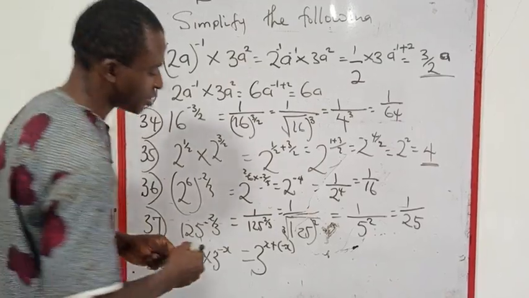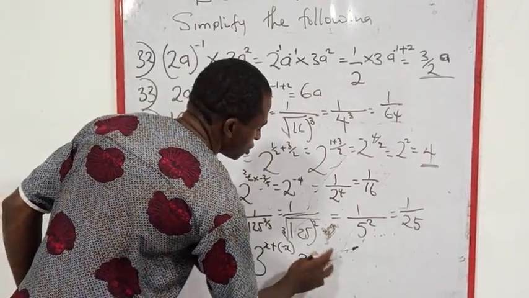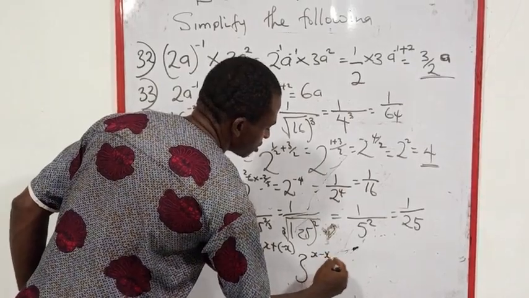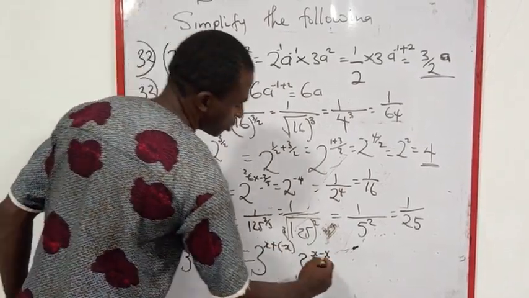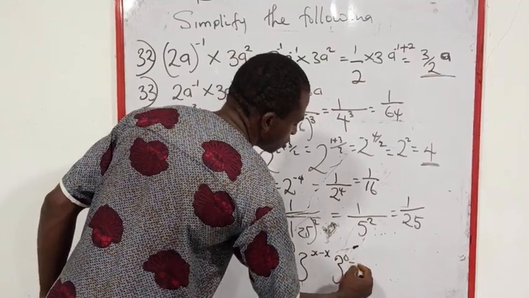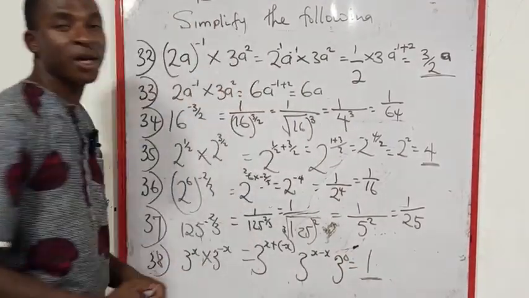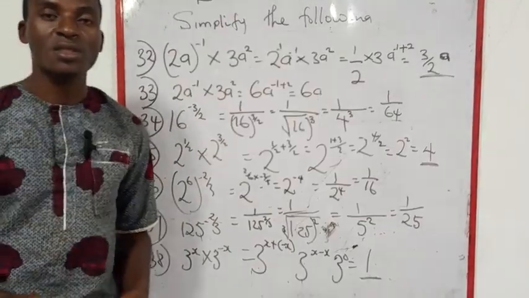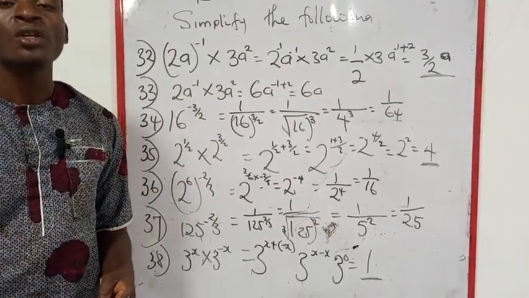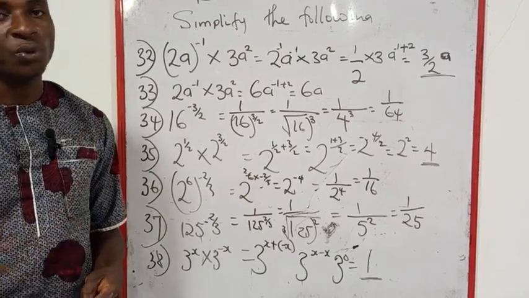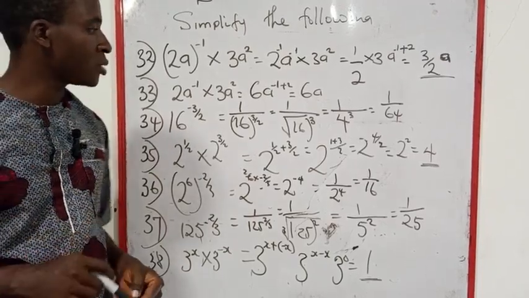You multiply and get a particular sign. So now 3 raised to the power x minus x, because minus times plus gives us minus. So now 3 raised to the power 0. This is equal to what? 1. Anything raised to the power 0, in our third law of indices, I've given you my bit. Anything raised to the power 0, anyway, anytime, any day is what? 1. This is what we have.